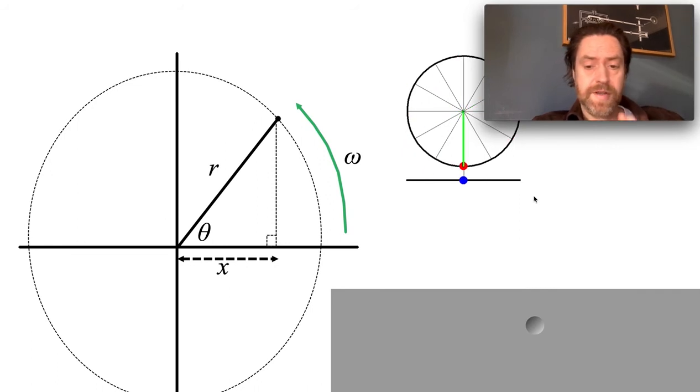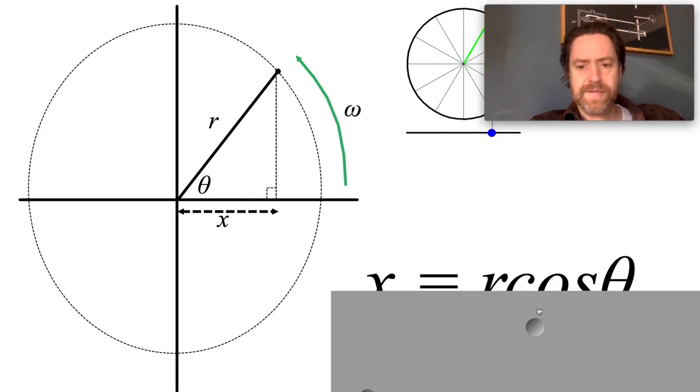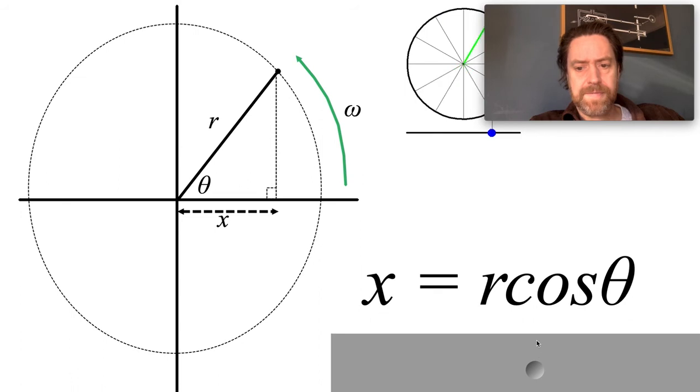Okay, so looking at this, knowing that this is the radius and this is the angular displacement, you should be able to see quite easily that this position x is just equal to, or the length of this side anyway, is just equal to r cos theta.